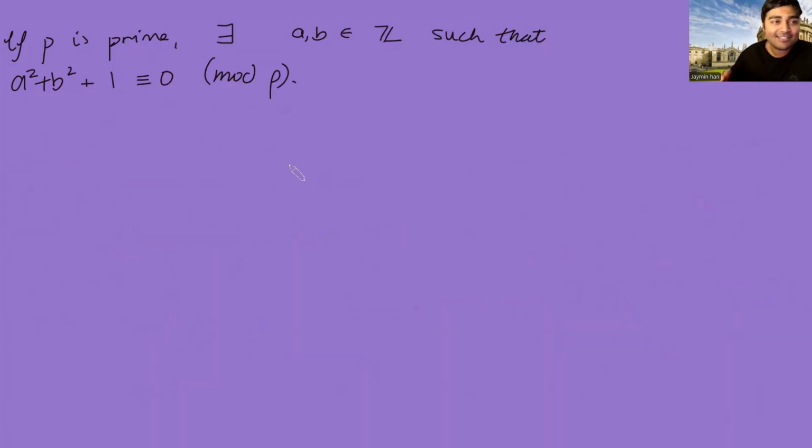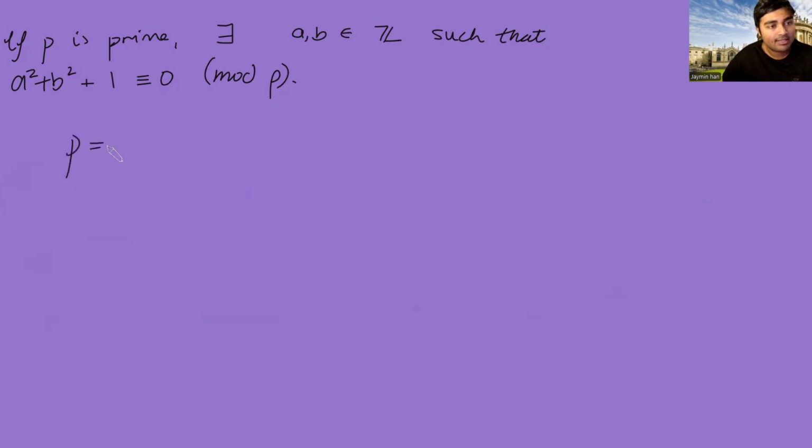I also mentioned at the start of this video, this can be used in the run-up to the 4 square theorem, proving that every positive integer is the sum of 4 square numbers. How do you go from this 2.5 square theorem up to the 4 square theorem? Well, I'll leave the details for you to check over, but essentially what you firstly do is prove that for every prime p, you can write p as the sum of 4 squares.